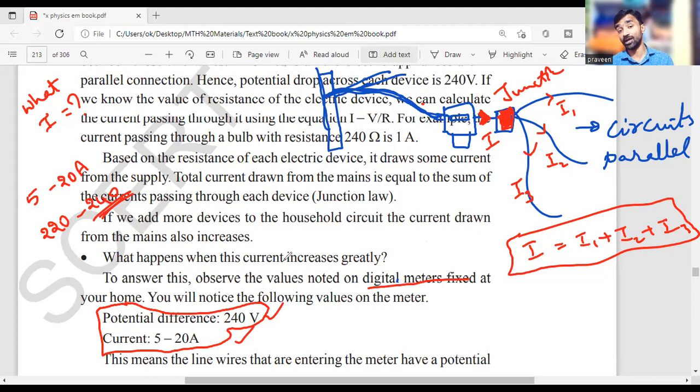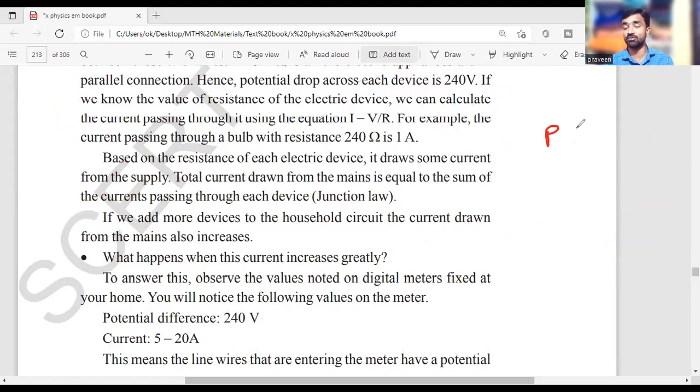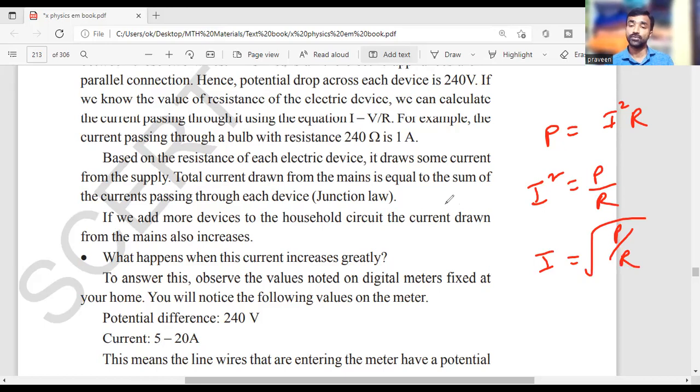We know the power of appliances. For example, bulbs are there, each one 100 watts or 10 watts. Suppose you take 10 watts. What amount of current it can take, you are able to calculate using the formula P equals I squared R. From this, I equals the square root of P by R. Use this formula and calculate the amount of current allowed through the appliance.